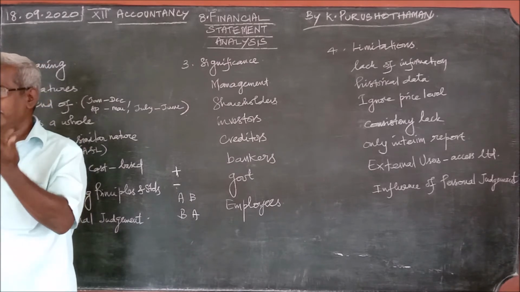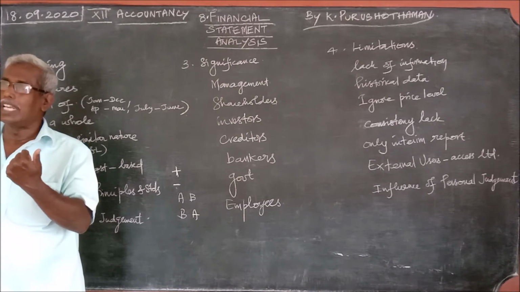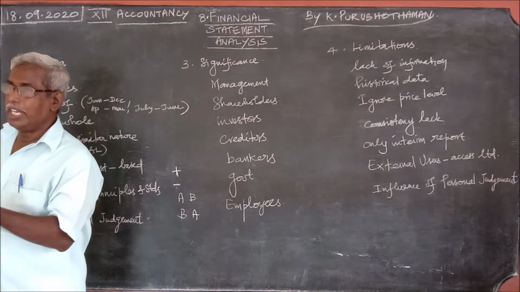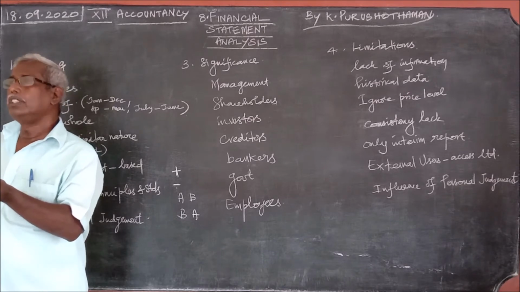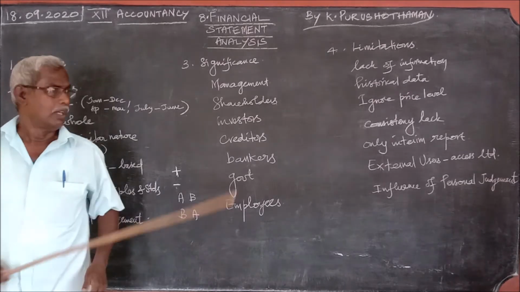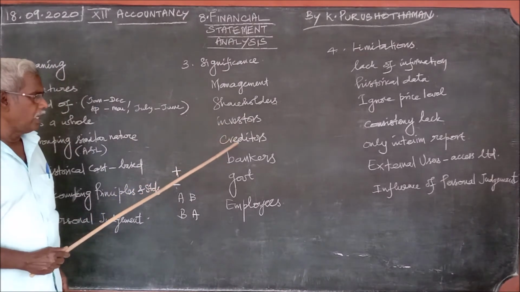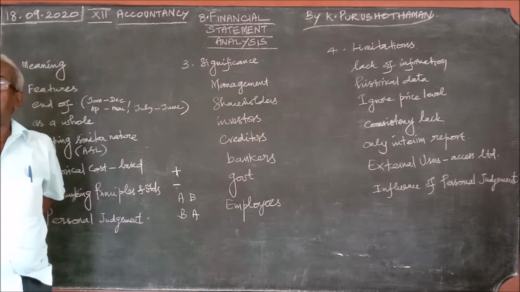Apart from the auditor-certified balance sheet, if they are satisfied from the statement, that is the balance sheet, they will try to sanction you the loan. So for these two, creditors and the bankers, the balance sheet is very important.